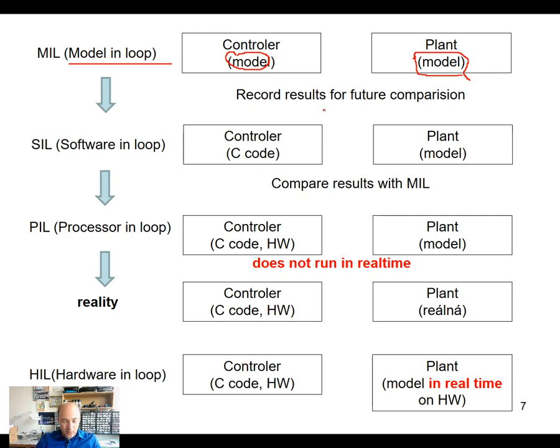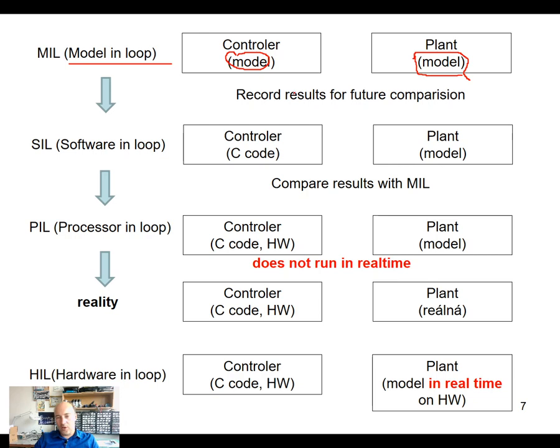And what we can do is that we can record the results for future comparison. So now we can take this as a reference, and we can verify if my results in the next stages will be similar to the model in the loop.